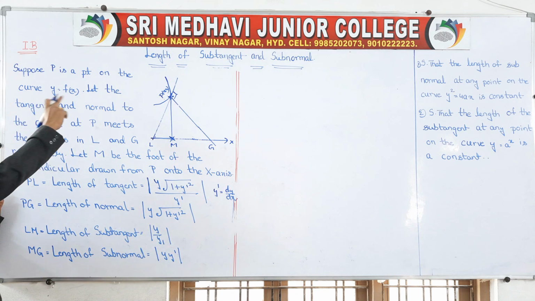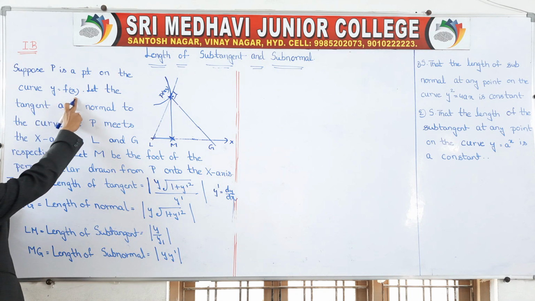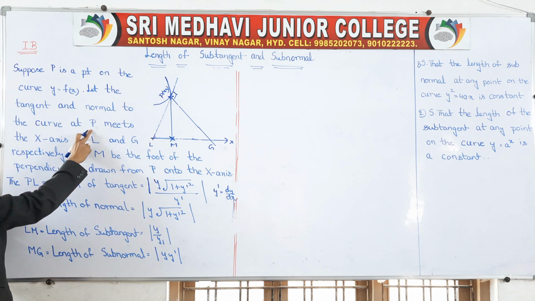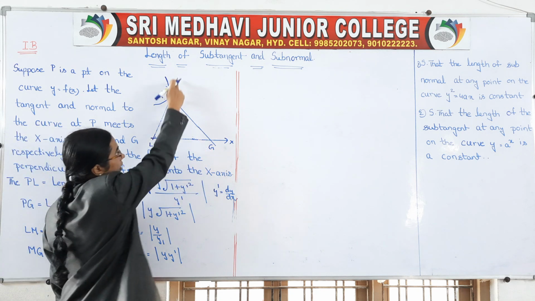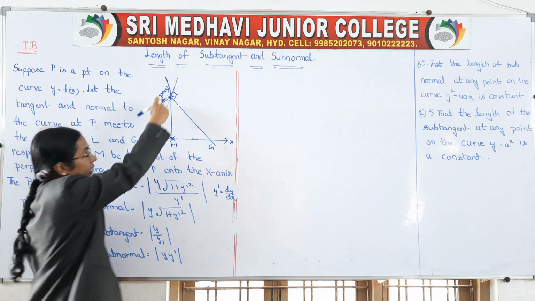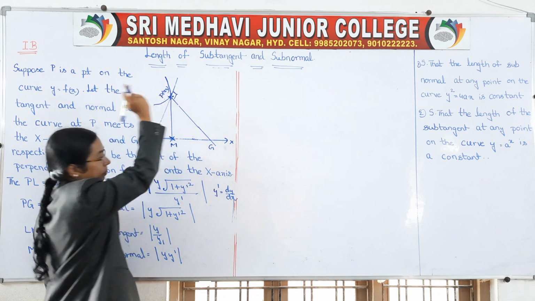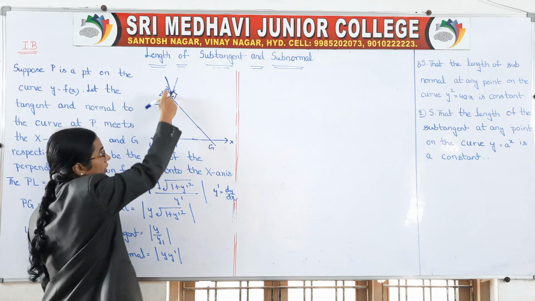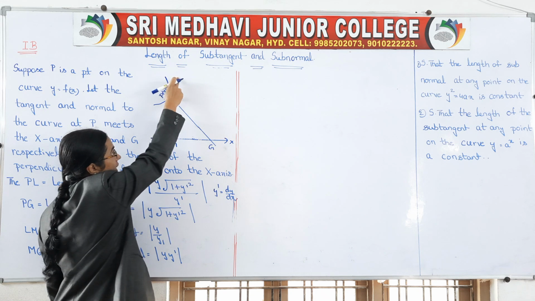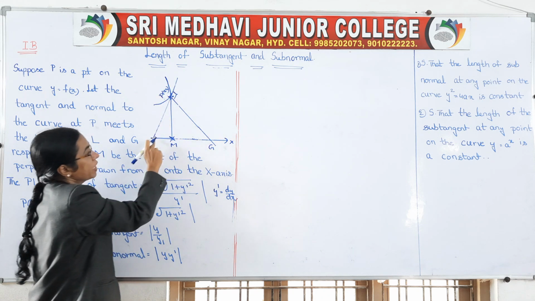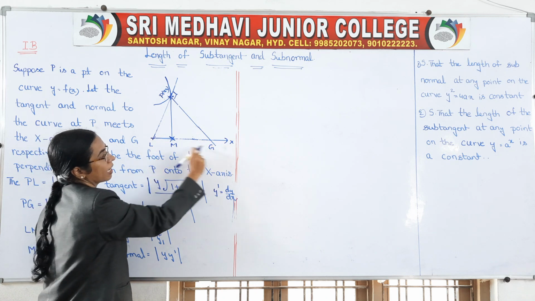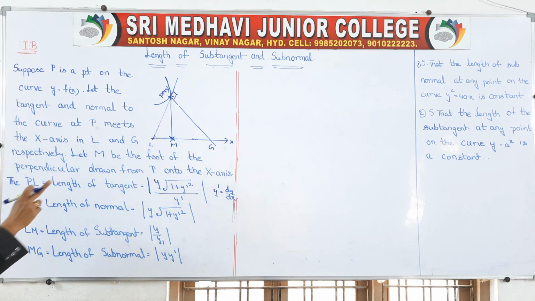Suppose P is a point on the curve y equals f of x, and let the tangent and normal to the curve at P meet the x-axis at L and G respectively.